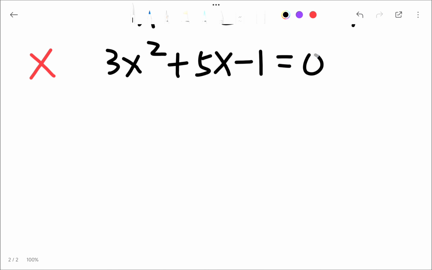And when we come across a quadratic equation that cannot be factorized, such as this one here, what do we do? Well, luckily, there is a formula that we can use.